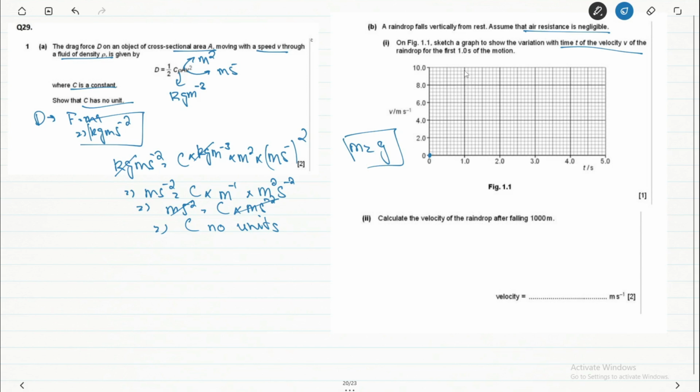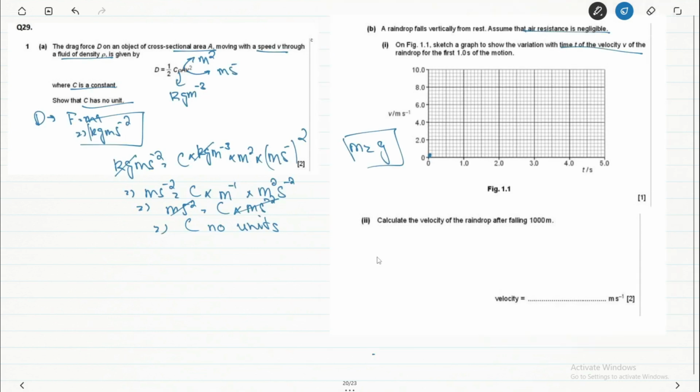So the graph would be something like this. They only asked us to draw the first second, so just draw this.